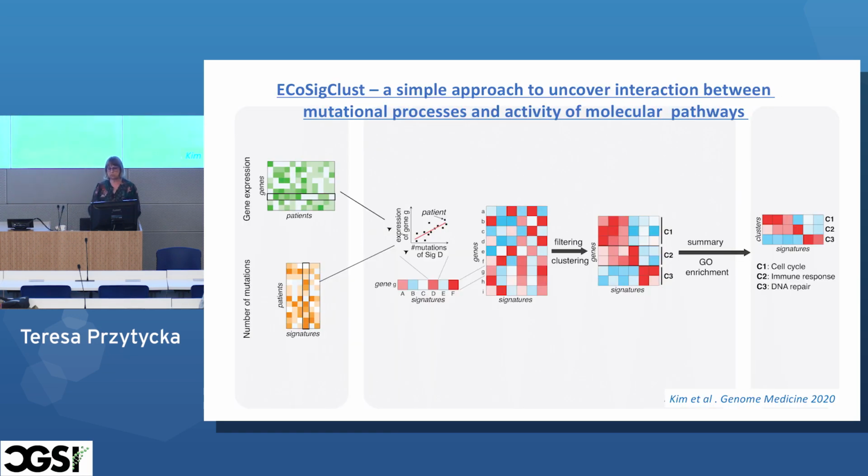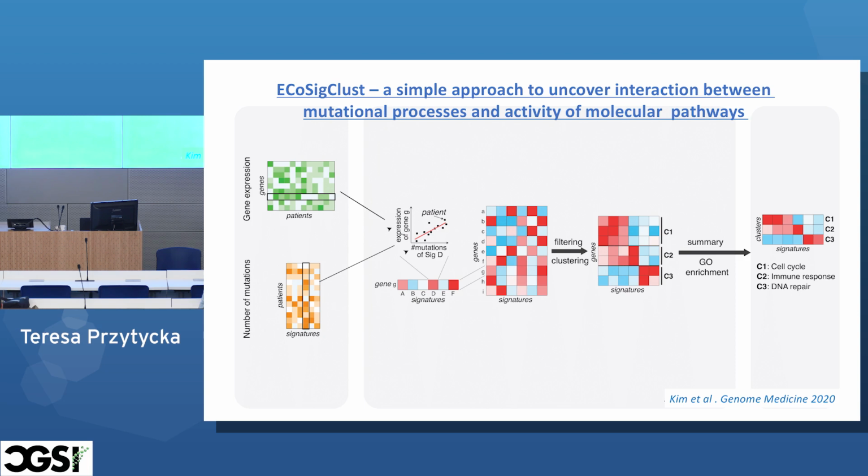Of course, the simple thing we could do is just run a simple correlation. So here is one idea. For many cancer genomes, we have information not only about the mutations in the genome, but also about gene expression. When we have both kinds of data, we can construct two matrices.